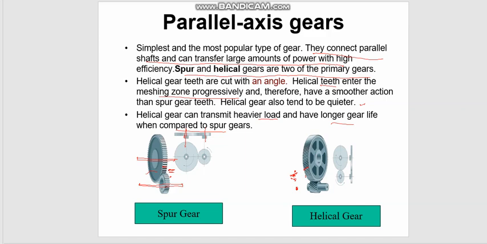That's why it can transmit heavier loads and have a longer gear life. But the disadvantage is that helical gear is more costly to make, so it'll be pricier compared to the spur gear.